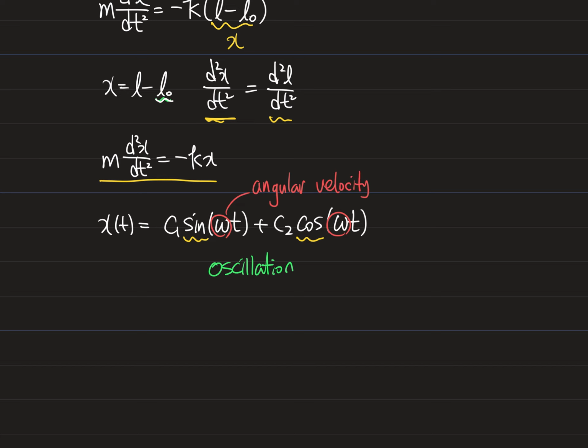So you all now understand what the angular velocity means, right? How fast it makes a circle, how many circles it makes in a second. So with relation to the original differential equation, omega should be defined as the square root of k over m.